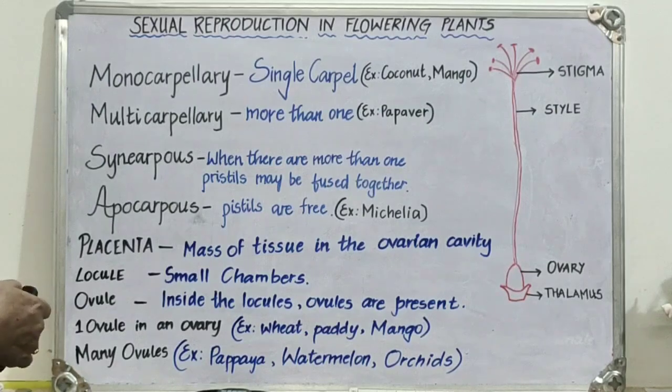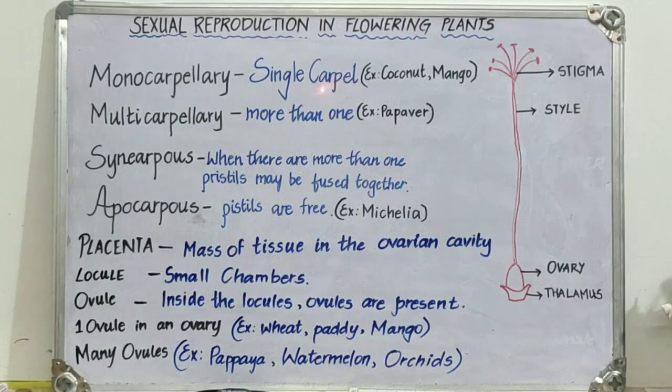Next, students, as I told you, the female sexual part of a flower is called the carpel or pistil. According to the number of carpels, monocarpellary means a single carpel or single pistil is present.